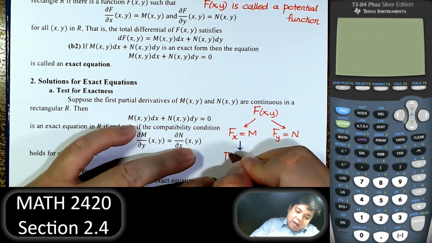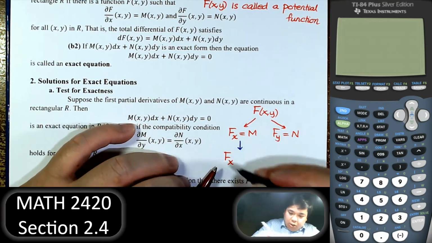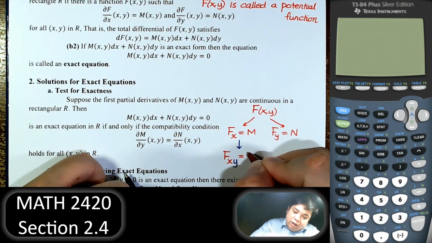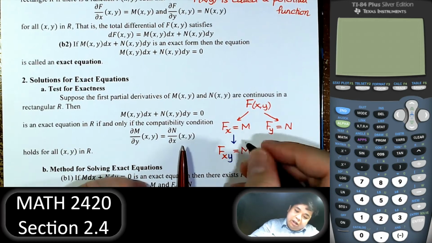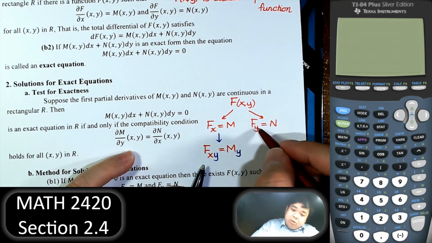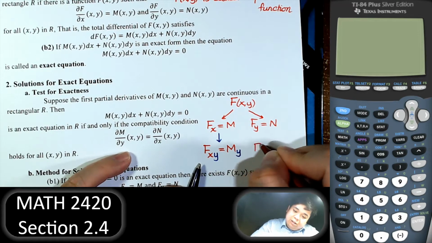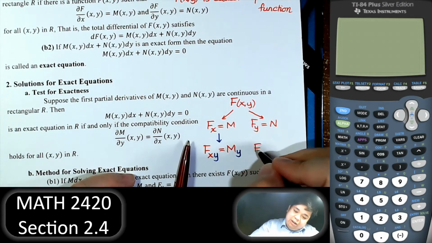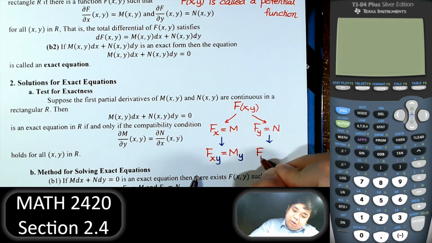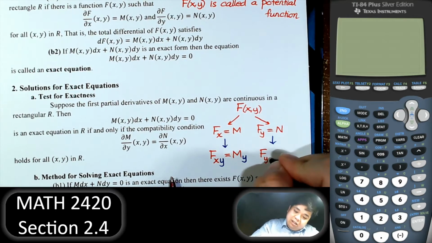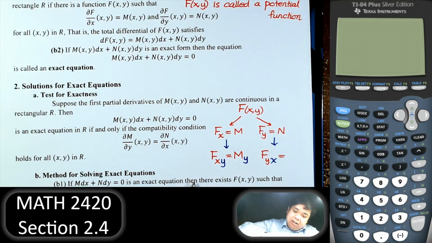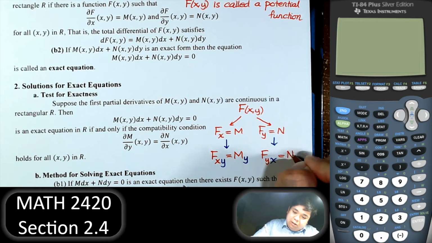So we'll write F_xy equal to M_y, and here I'll take the derivative with respect to x: F_yx equal to N_x.